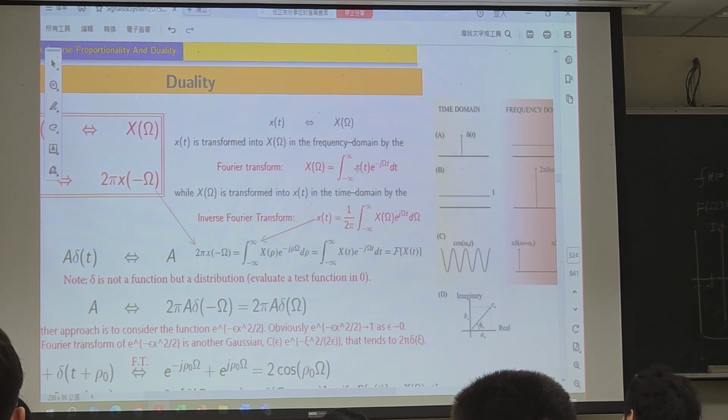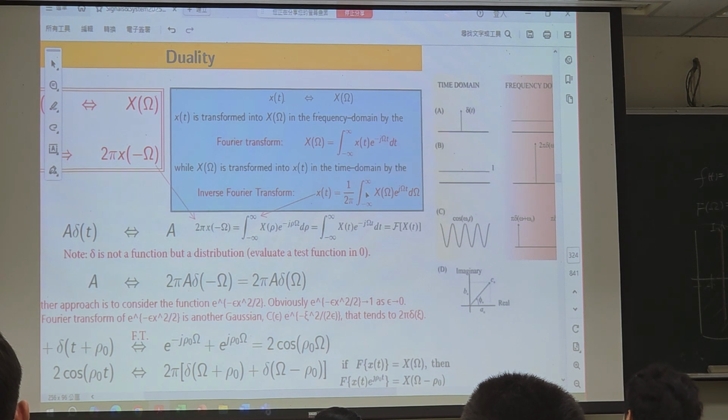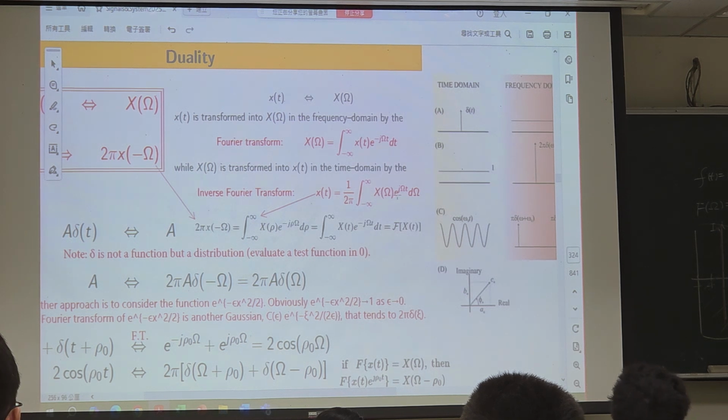Again, this is a projection of x of t onto the sinusoidal function. And then we can also rewrite the function x of t as the integral of X of omega times e to the j omega t d omega, multiplied by the parameter 1 over 2 pi.